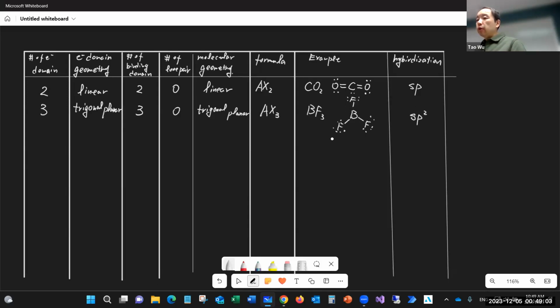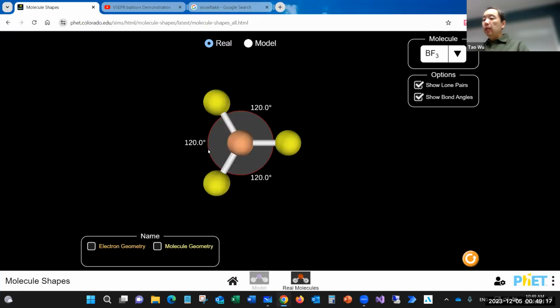Then we're going to have the variation. What if we only have two bonding domains and one lone pair? Then the geometry will not be like that.